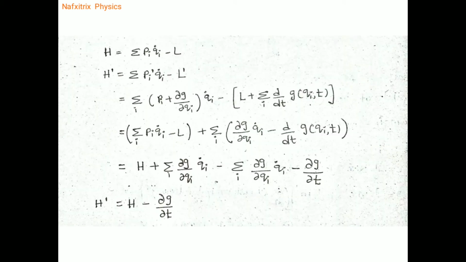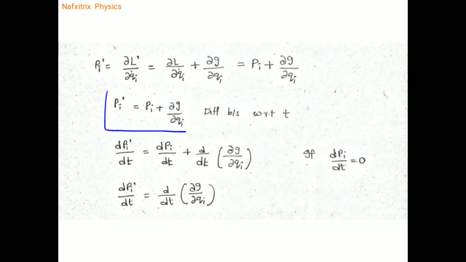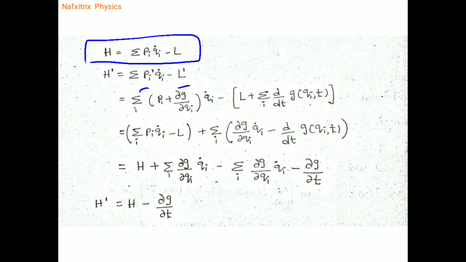And next, now we need to find the new Hamiltonian. The relationship between Hamiltonian and Lagrangian is: H is summation pi qi dot minus L. Here also the same, with pi dash in the place of pi, and L dash in the place of L. We substitute pi dash into qi dot minus L dash.